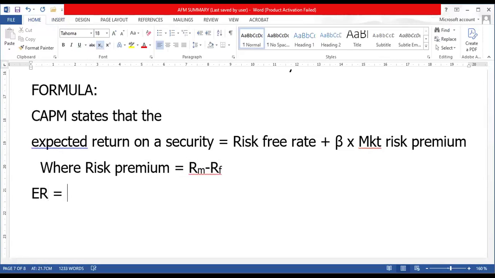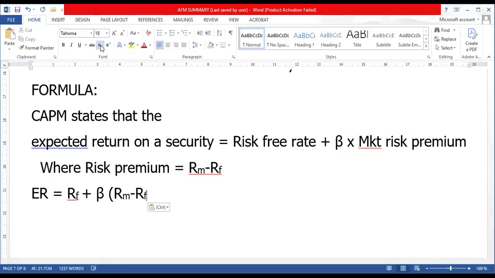So in short, when you're using the CAPM formula, your expected return on a security will be RF, your risk-free rate of return, plus the beta, then times, everything you multiply by the risk premium.